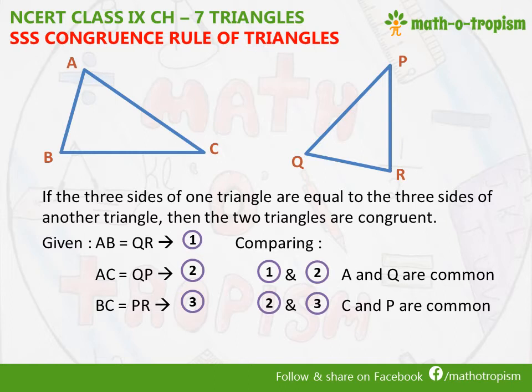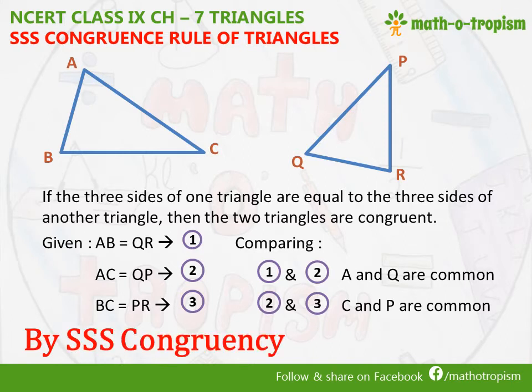So automatically B and R will be the common vertices. So when we are having three sides, we can compare two at a time and find which are the common vertices. So by SSS congruency, triangle ABC will correspond to triangle QRP. This is how we are going to name the congruent triangles with respect to three sides.